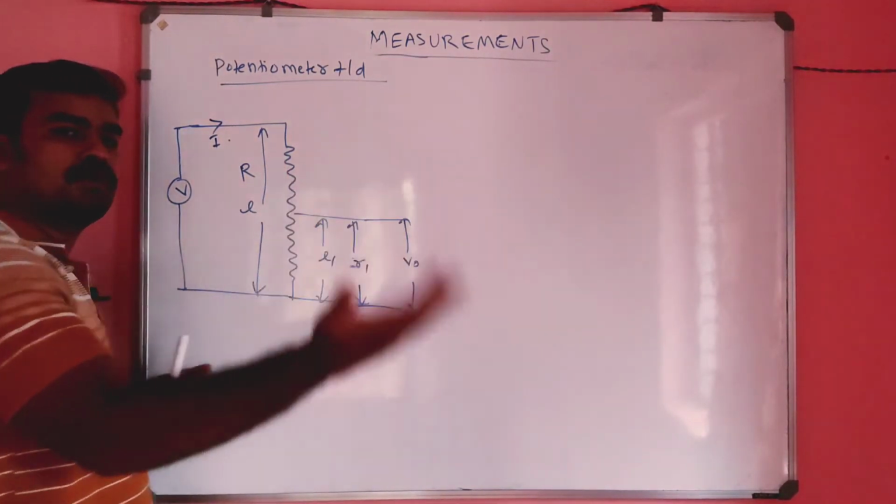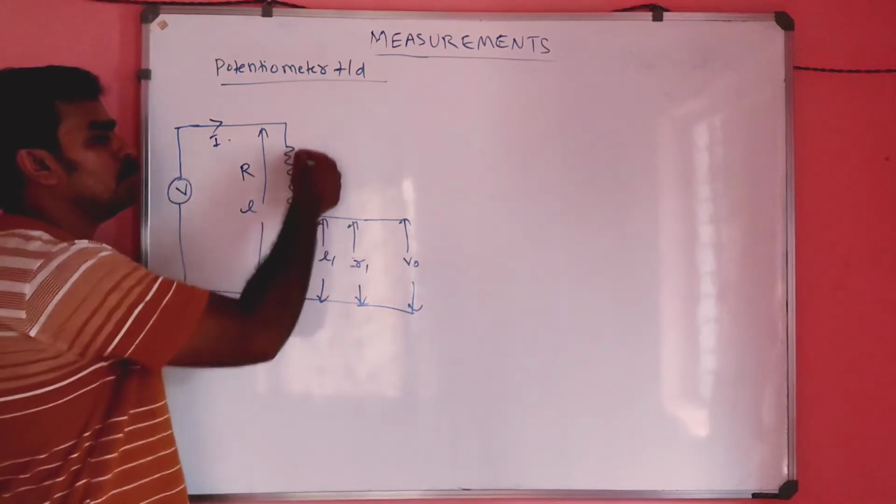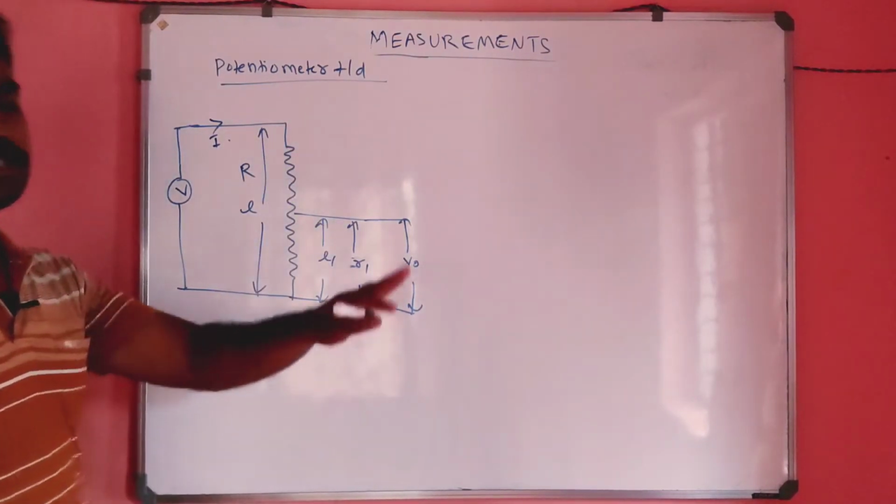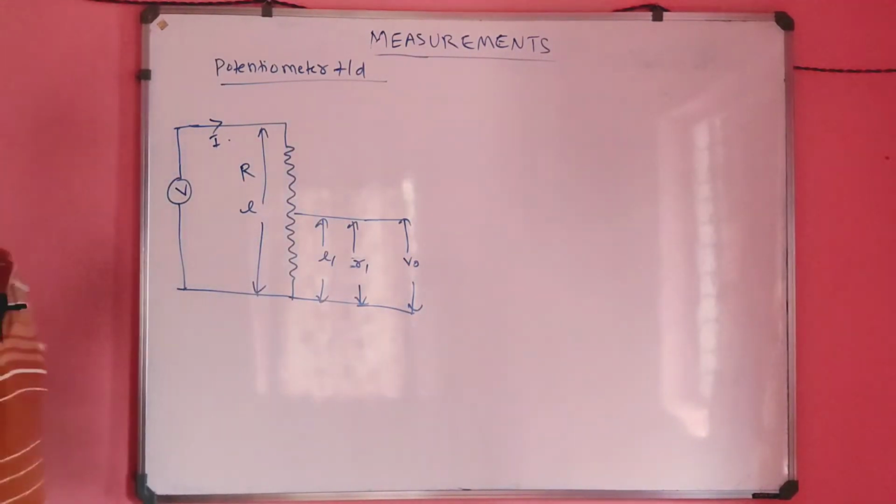The output voltage increases or decreases depending upon the movement of the slide wire on the surface of the resistor. That's called the potentiometer transducer.